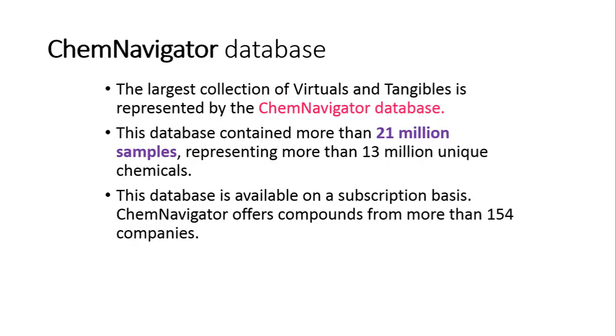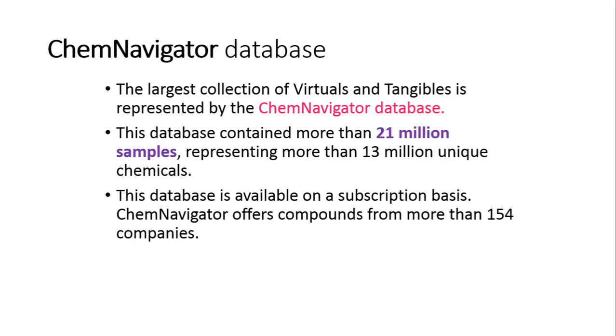Okay, so now where can I get the compounds, or where can I get the compound library? To answer this question, there is a one-stop solution called the Chem Navigator database. This Chem Navigator database is a web resource which corresponds to the largest collection of virtuals and tangibles, and it contains more than 21 million samples, which represent about 13 million unique chemicals.